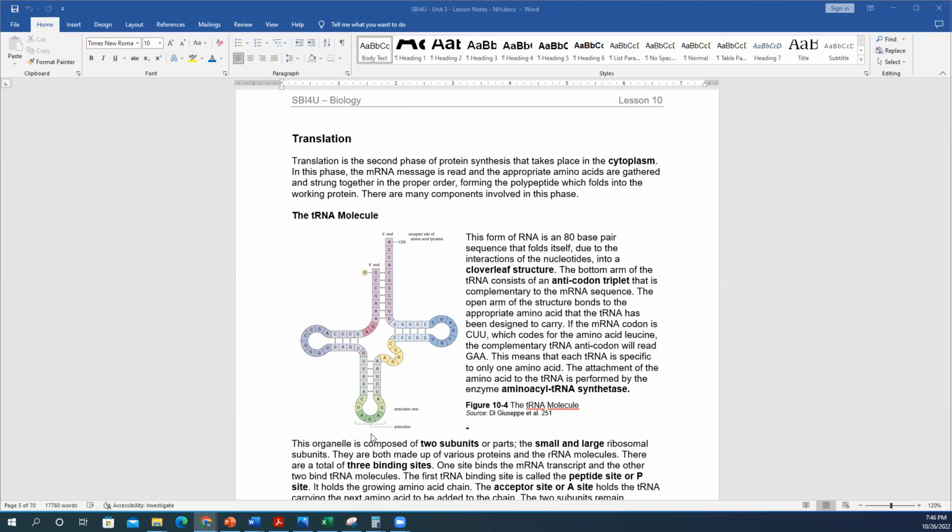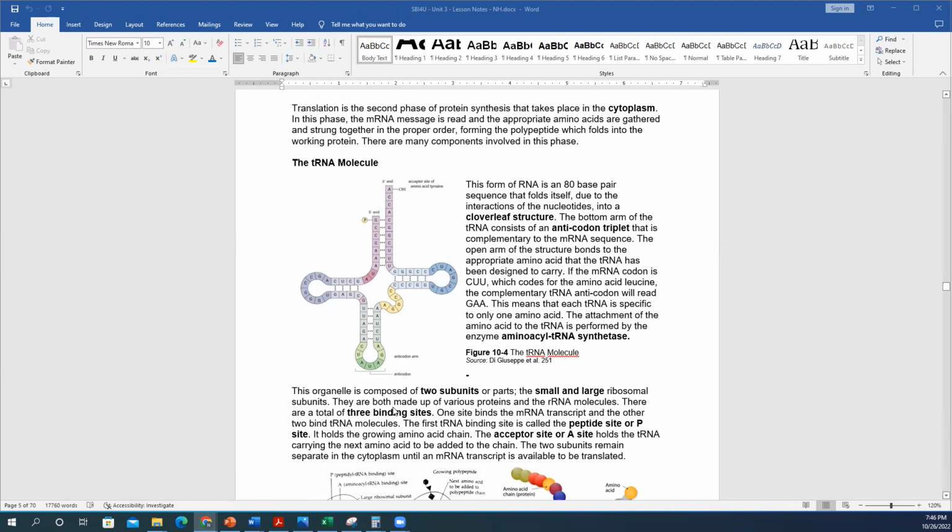This anticodon triplet is complementary to whatever is the codon on the mRNA. And so this would have the right amino acid that it will be bound to, and this will bring in the corresponding amino acid by the anticodon binding and corresponding to the codon on the mRNA.